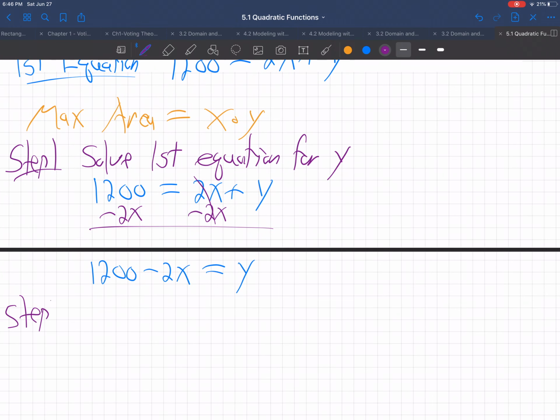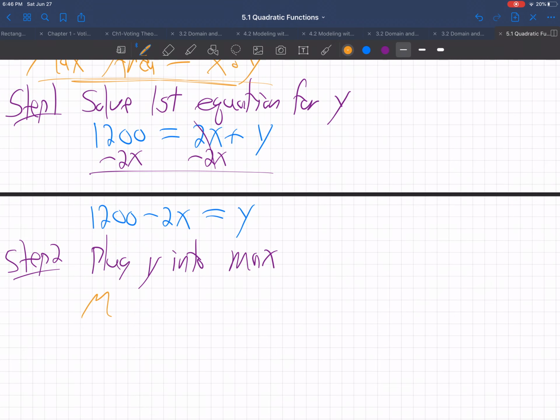Now step 2, plug y into the max equation. So take this max equation, trying to find max area, which is x times y. I'm going to take this right here and I'm going to plug it in for y.